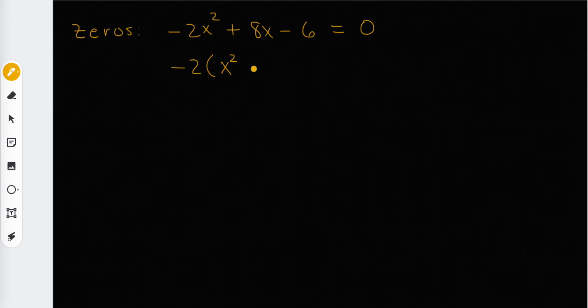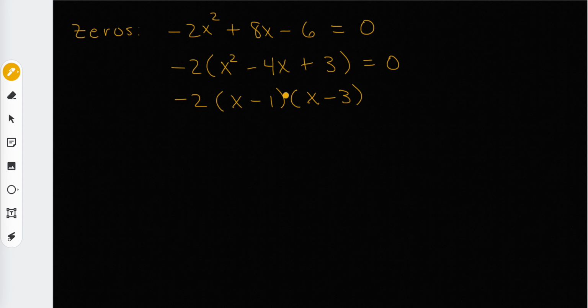And when we divide everything by negative 2, we're left with x squared minus 4x plus 3. So once I do that, I can factor down what I'm left with into x minus 1 and x minus 3. Both of those numbers multiply to positive 3, but add up to negative 4.